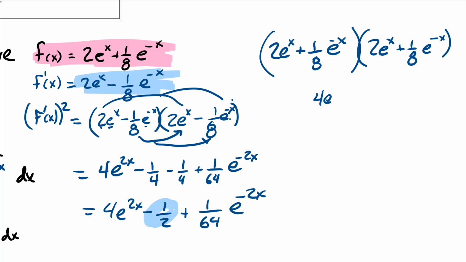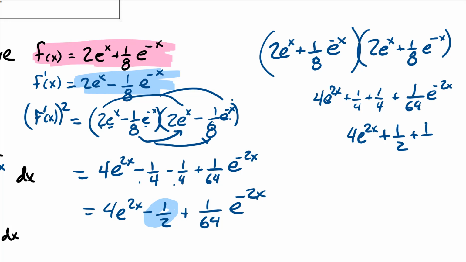Well, that would be 4e to the 2x. Sorry, I'm going to jump the steps. Instead of having negatives down here, remember we had negatives? We'd now have positive 1/4 and positive 1/4 plus 1 over 64 e to the negative 2x. This would have been 4e to the 2x plus 1/2. Only the center term would have changed.